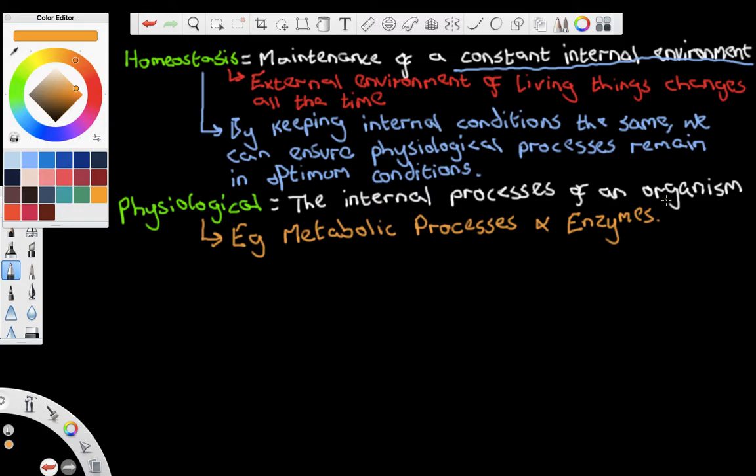Okay? Now, metabolic reactions can be defined as the chemical reactions that take place within living cells.